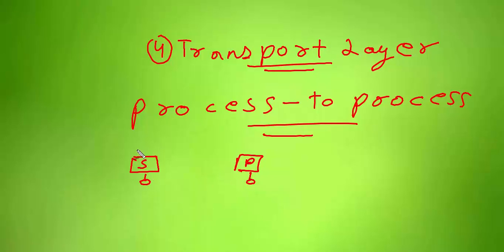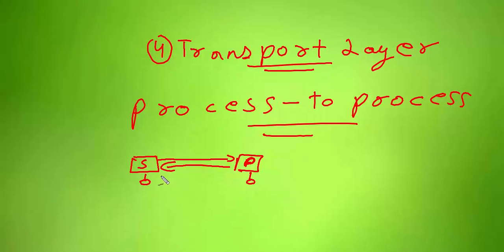So you are sending something to your destined user. The network layer's main duty is to provide machine to machine communication, not process to process.